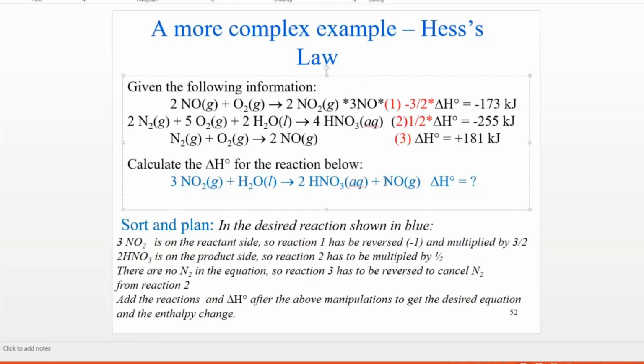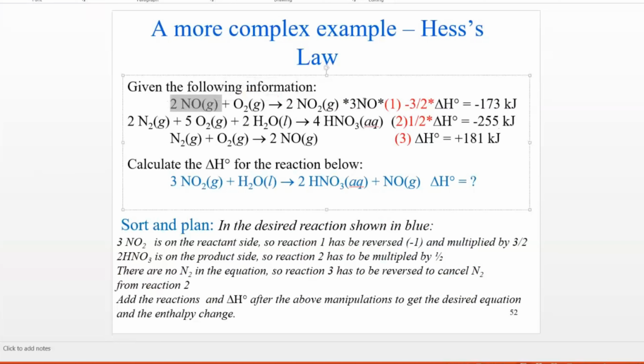Now the final product, which is NO, if you look at the third reaction, there is 2 NO on the product side. But wait, if we flip the top reaction, like we were going to do, and multiply it by 3/2, you would create 3 NO on the right side.